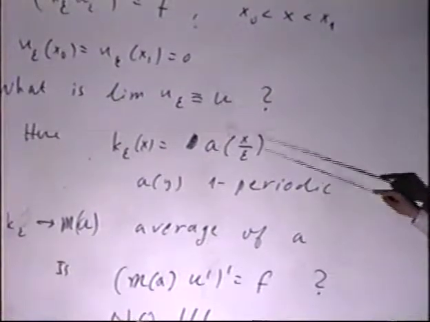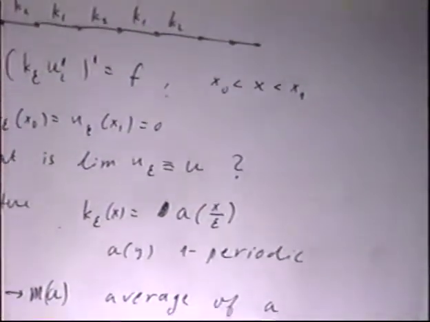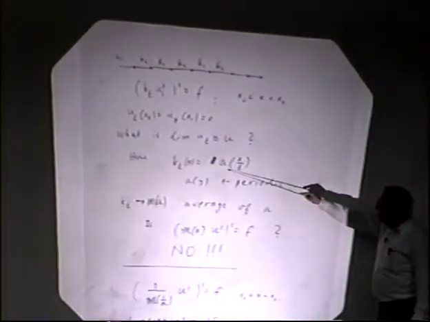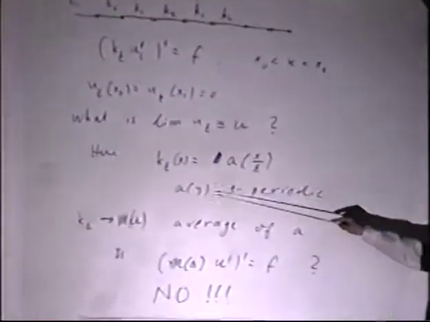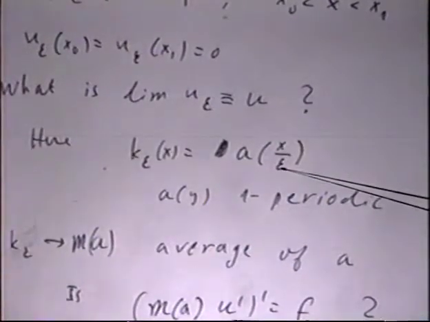And A will take the value plus or minus, K1 or K2, in each period. Okay, so it's periodic. It has one value and then another value: higher value, lower value, higher value, lower value. So in each period it will have two values, the higher and the lower.